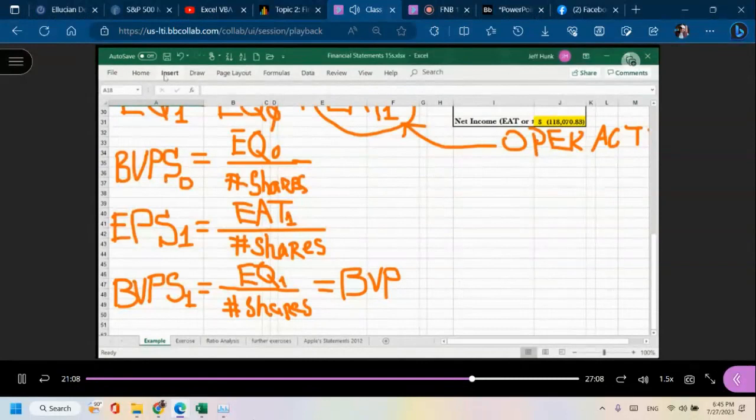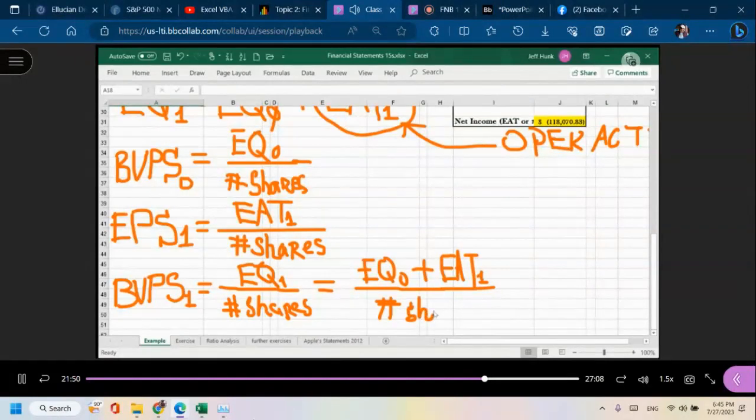Let me do it this way. By definition, what is equity at time 1? It is equity at time 0 plus EAT, earnings after taxes at time 1, divided by number of shares, right? But then we can break it up.